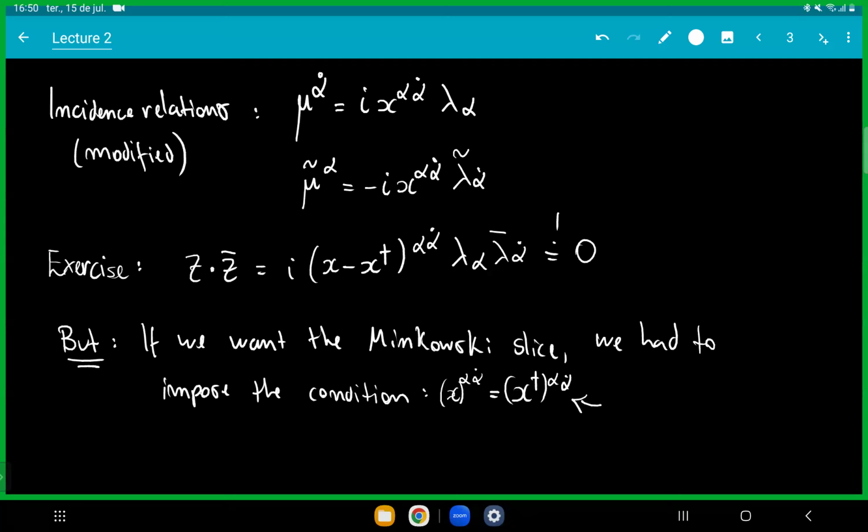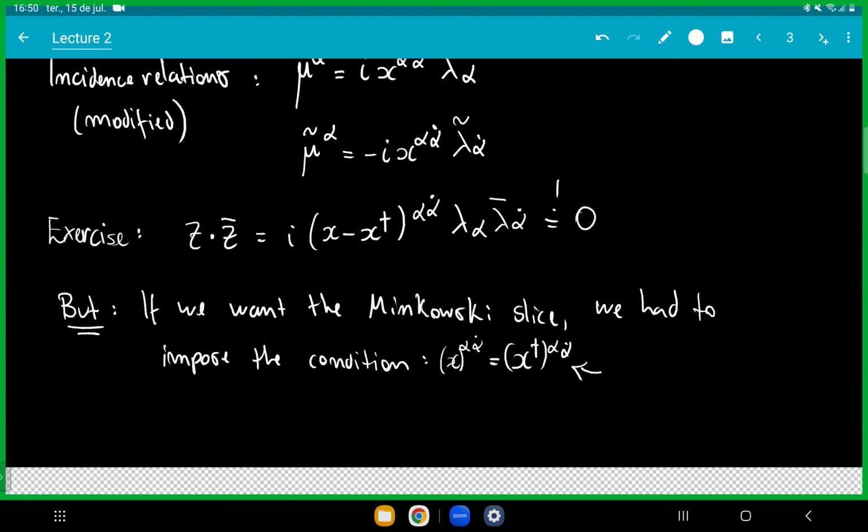Now, if this condition holds, it means that if you define this complex conjugation on the Twistor space, then the inner product between the point and its conjugate must be 0.